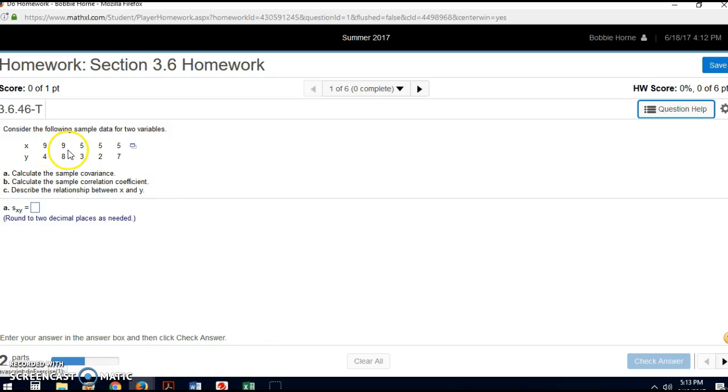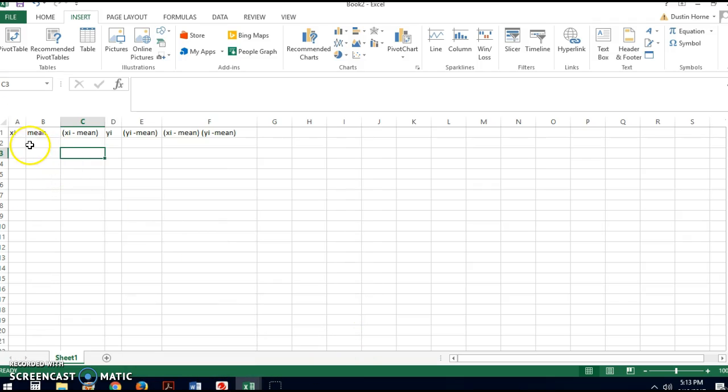If you look at your values for X, they're 9, 9, 5, 5, 5. So I'm going to go ahead and put 9, 9, 5, 5, 5. Okay, so we can do the mean real quick. 9 plus 9 is 18, 23, 28, 33. So 33 divided by 5.